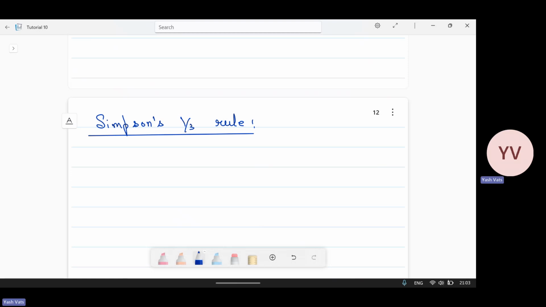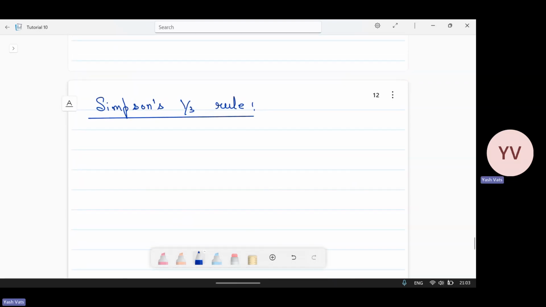This rule takes 3 values of the function.